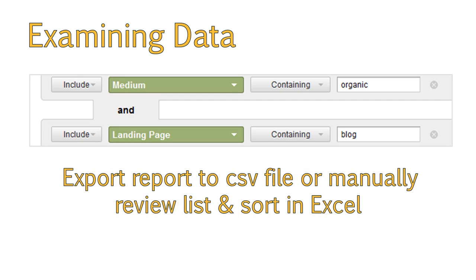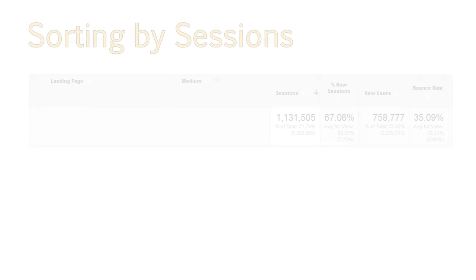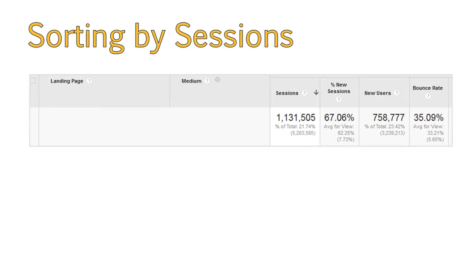You can either export this report to a CSV file and sort it in Excel, or you can manually review the list and add the pages you want to Excel along with your notes. The end result will be the same, so for this lesson, I will make it easier by not downloading the information. For these examples, I will be excluding the landing page URLs for client privacy privileges.